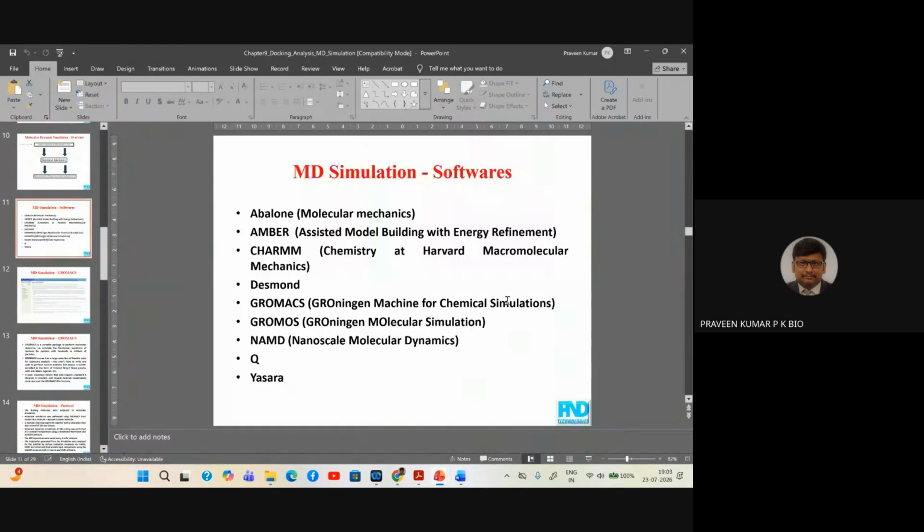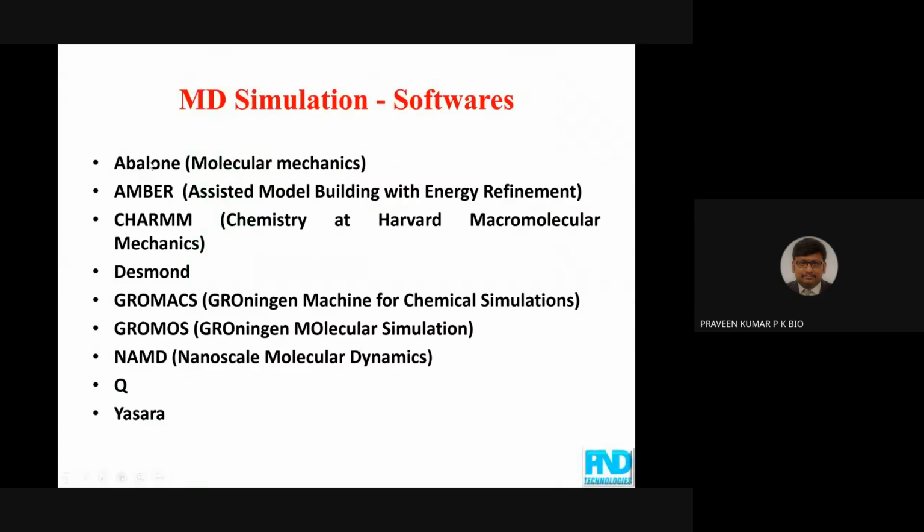If you see the MD simulation softwares, we have discussed these: Abalone, Amber, Charmm, Desmond, Gromacs, Gromos, NAMD, Q, Yasara. Other than this, we also discussed that Discovery Studio has its own simulation software, as it is a package.